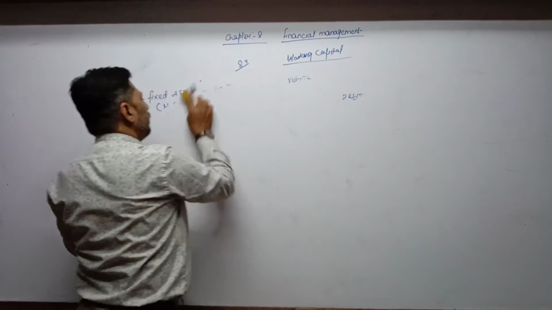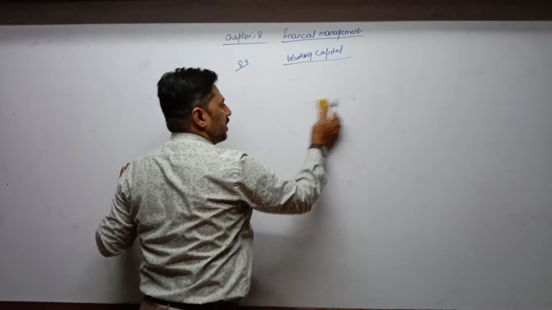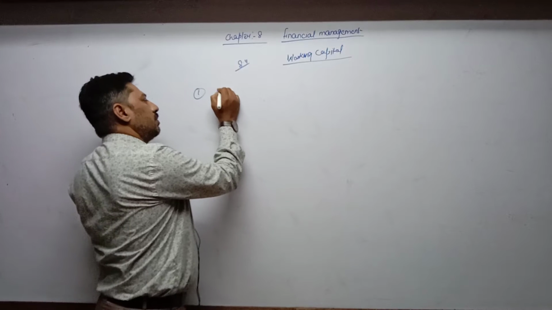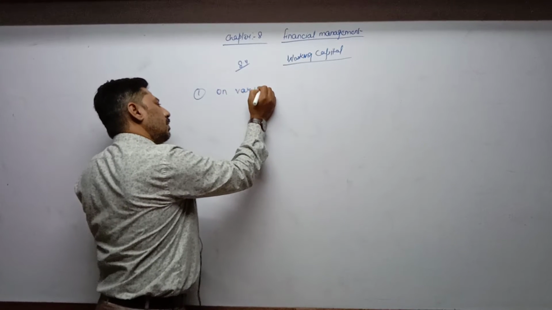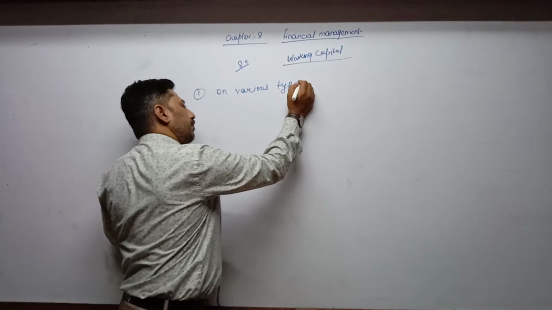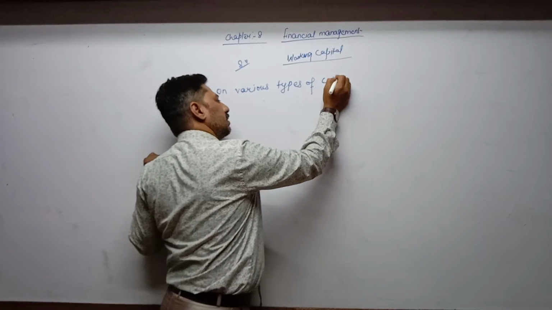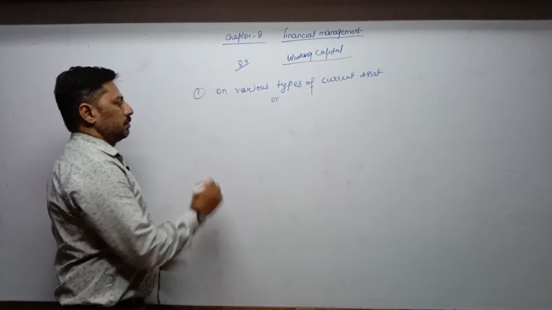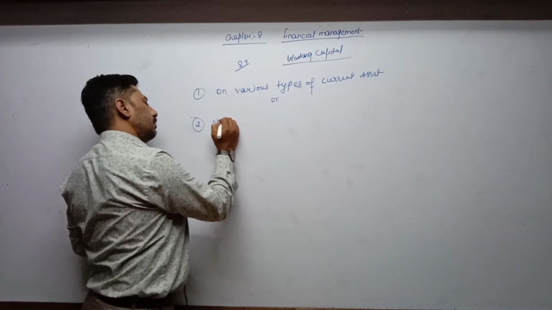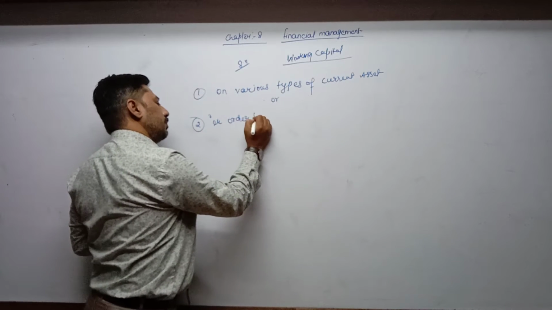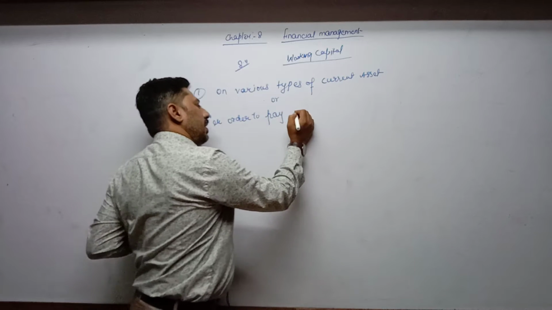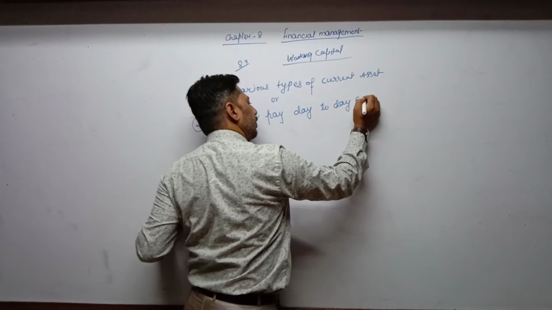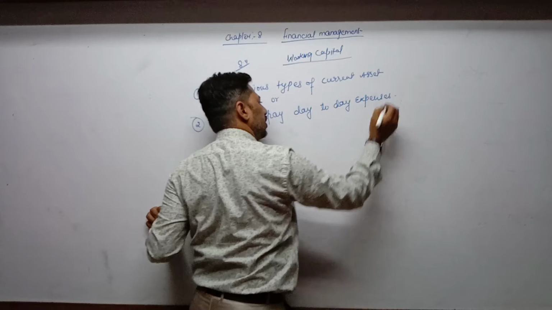Now coming to working capital: the part of arranged money which is invested on various types of current assets, or second, used in order to pay day-to-day expenses.